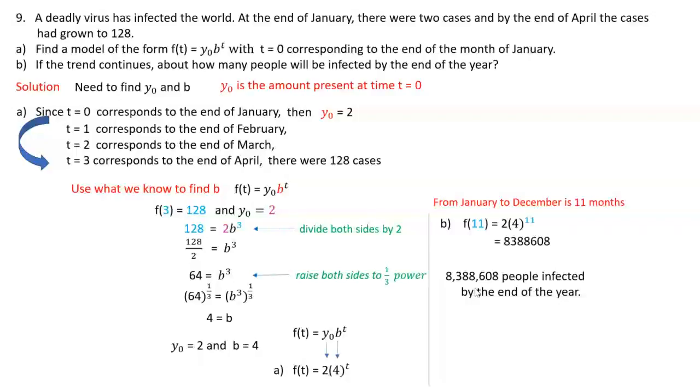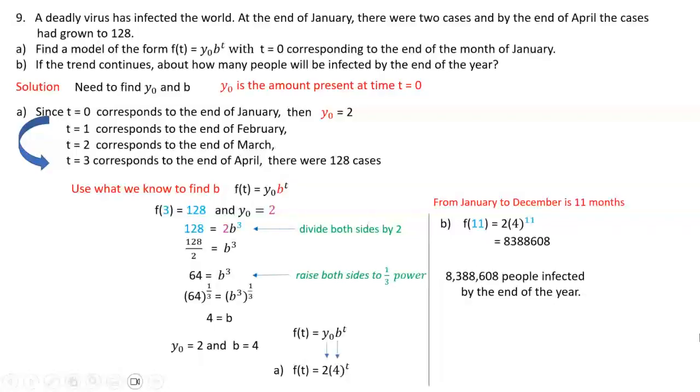This problem, I got it really from during COVID, when there were 2 cases back in Washington State. And I believe about 3 months later, it had grown to 128, because I was watching the news. So I took this problem to my class so they can learn how exponential functions are used in real life.